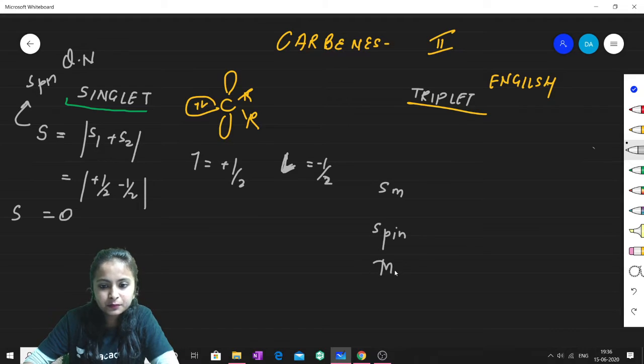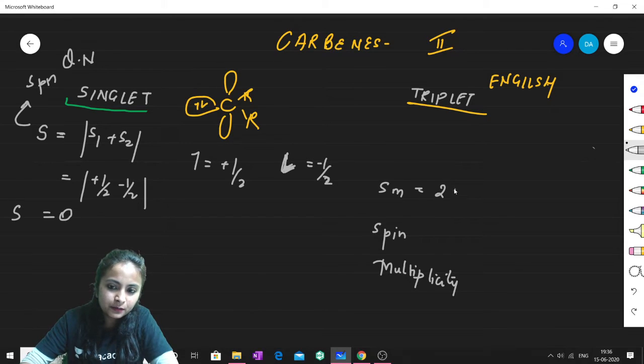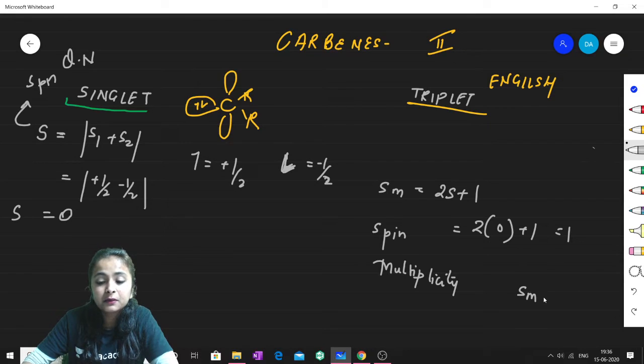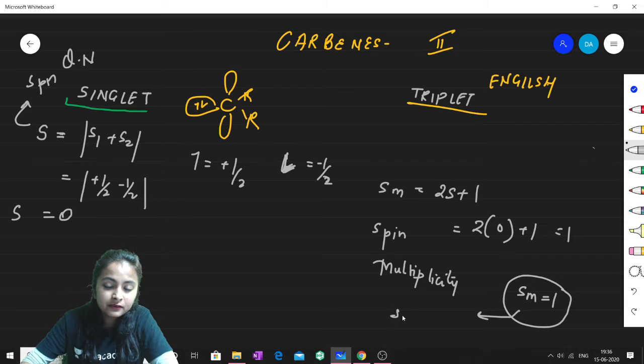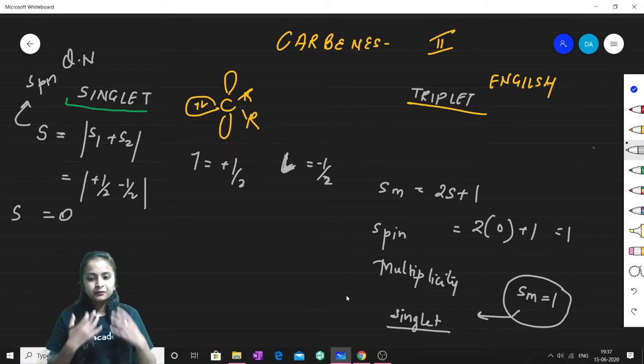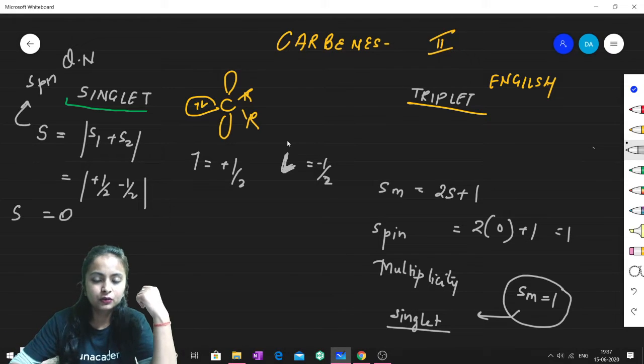Spin multiplicity is equal to 2S plus 1. What is the value of S here? It is 0, so 2 times 0 plus 1 gives 1. So the spin multiplicity came out to be 1, and as it is 1, we say that it is singlet. I hope this part is very much clear to you all.